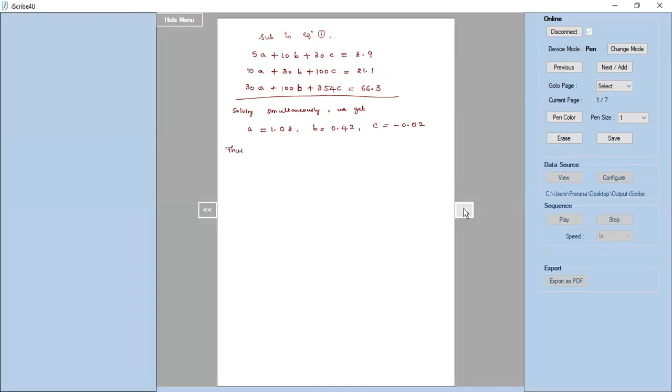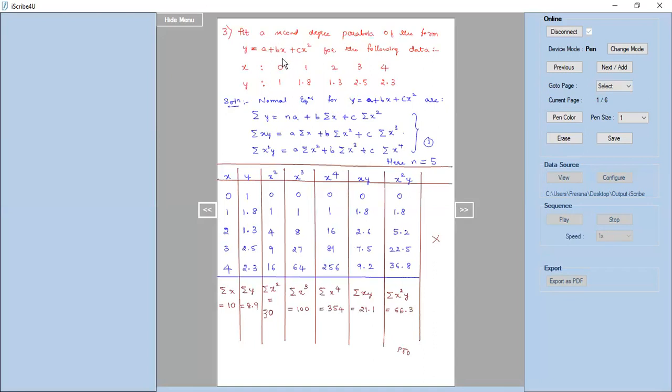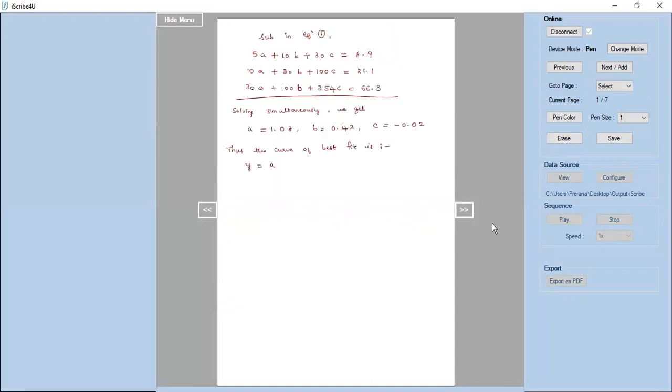Thus, the curve of best fit is y is equal to the given format. What is the given format? A plus bx plus cx square form. So we will substitute in that a plus bx plus cx square.